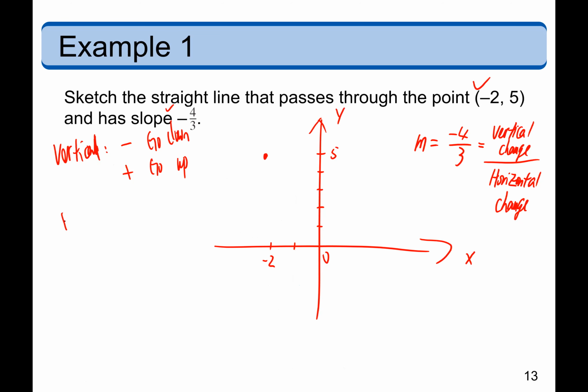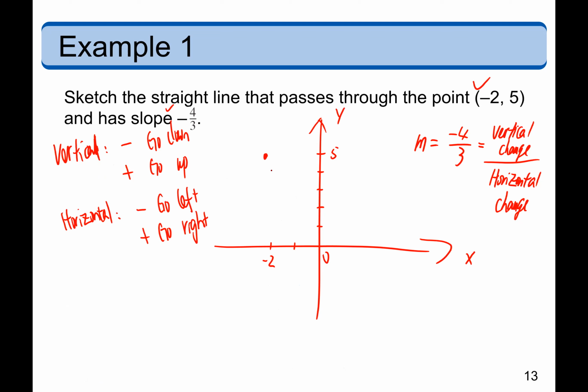On the horizontal side, if it is negative, go to the left. And then positive, go to the right. Okay. So right here we're gonna go down 4 units.